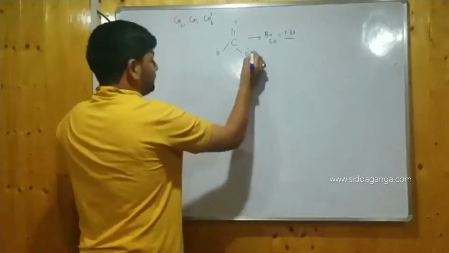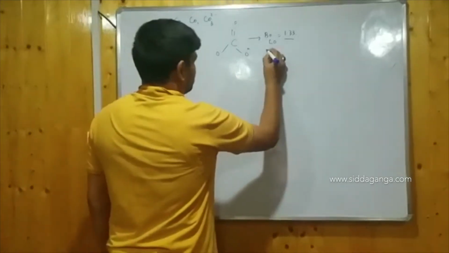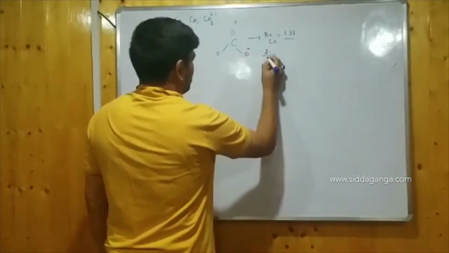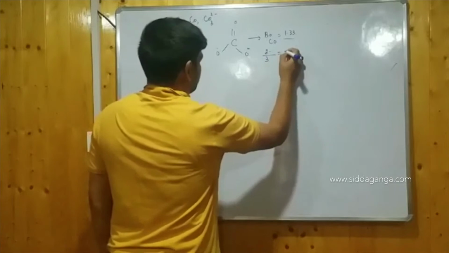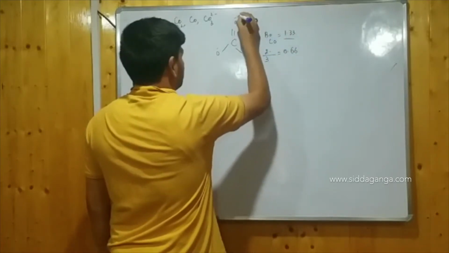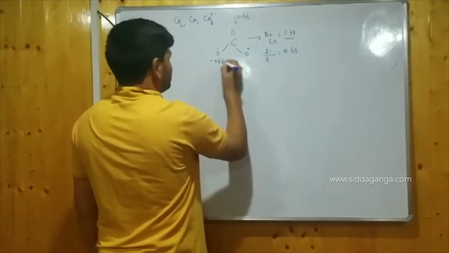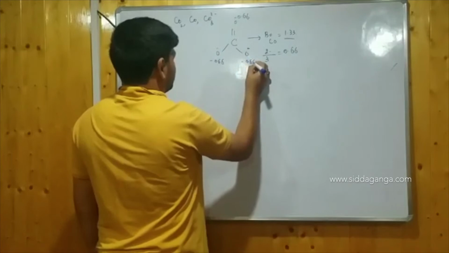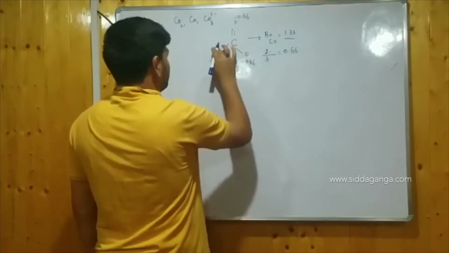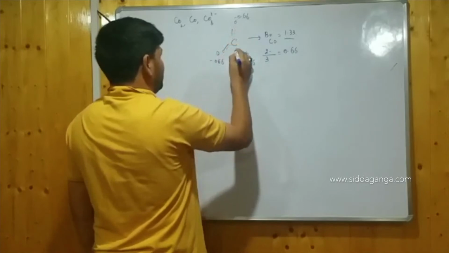And if you have seen that video carefully, there I said there are two negative charges which are divided on how many oxygens? 3. So the charge on each will be 0.66. So the formal charge of each oxygen is minus 0.66, minus 0.66, minus 0.66. In its resonance hybrid, there will be a partial bond, a partial bond, and a partial bond.